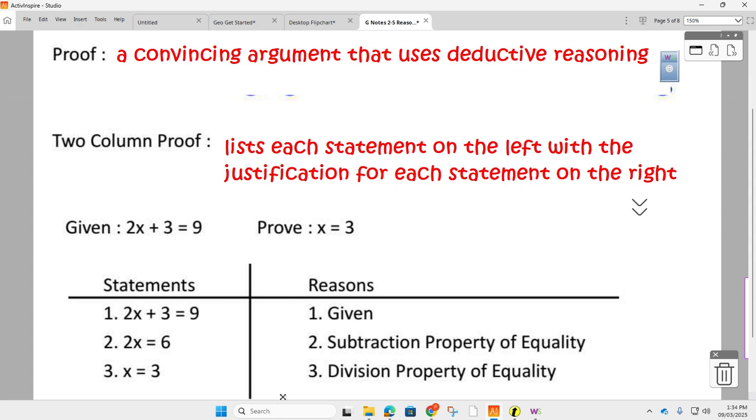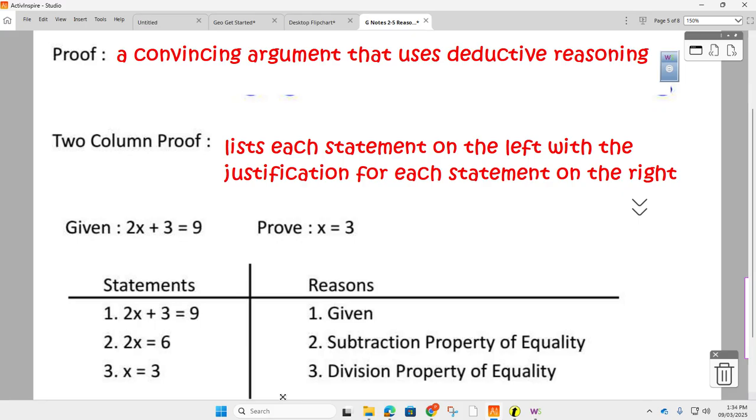So statements, those are the things you're looking at from the top to the next statement. What do we do to get there? Right? What is the justification? What is the reason it's okay for us to go from this step to this step? And the reasons are our justification. That's where we're going to put our properties.